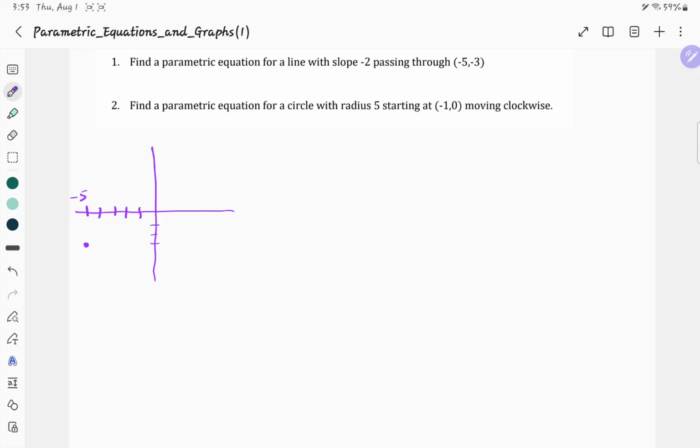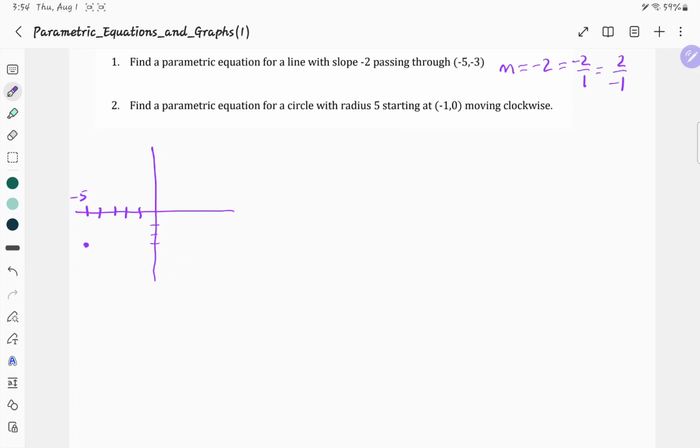So a slope of -2 means, let's go ahead and write it up here, m is -2, which you can think of one of two ways: -2 over 1 or 2 over -1, right? It's your rise over run. So down 2 over 1, or up 2 and then left 1.